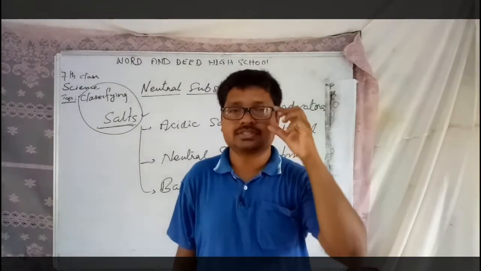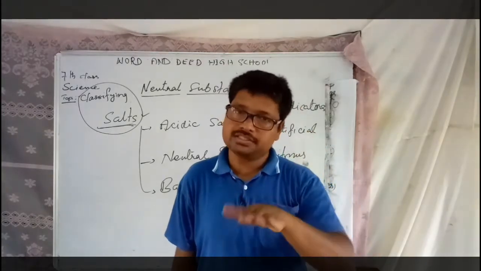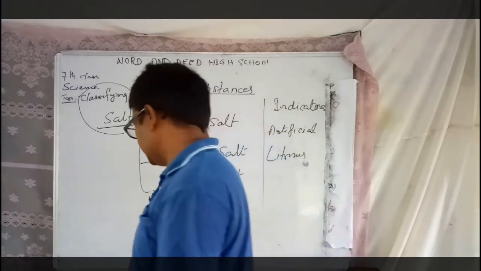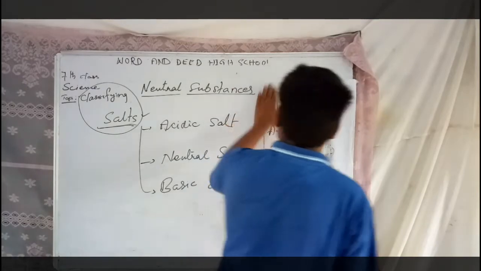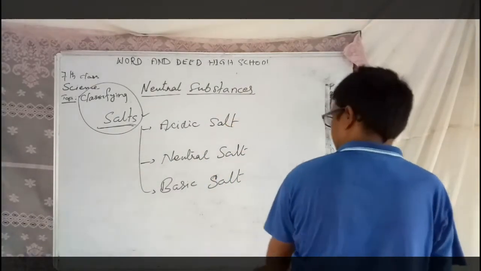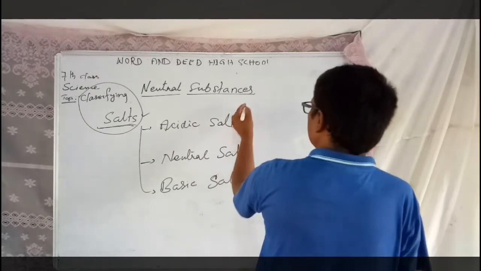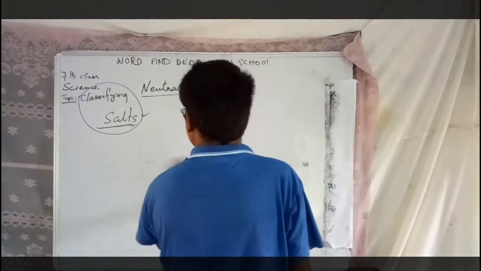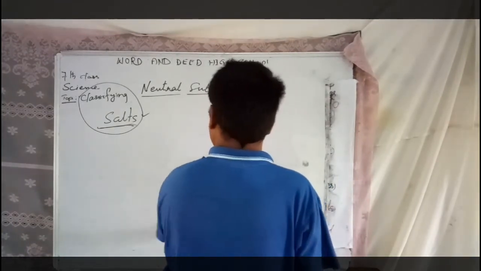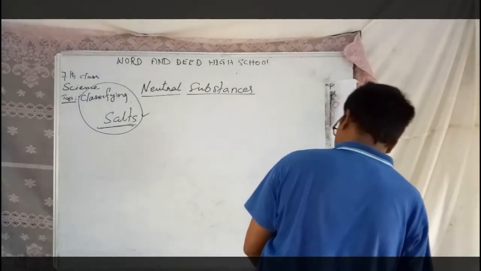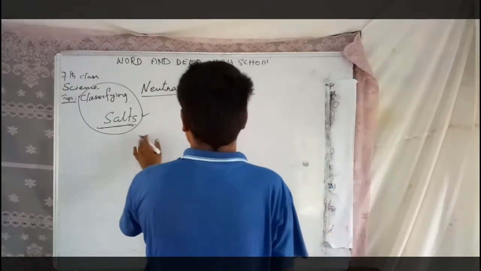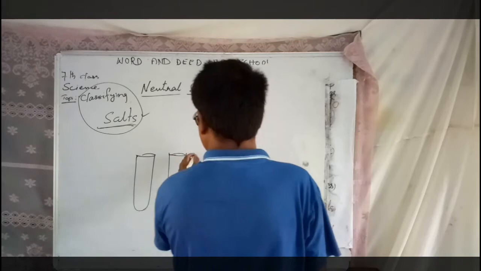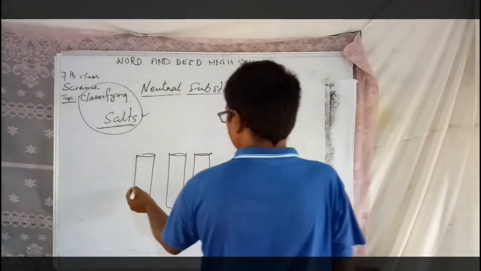You have to take these three substances in different test tubes, and take one litmus paper. To understand whether the substance is acidic salt or basic salt or neutral salt, you have to take three test tubes.